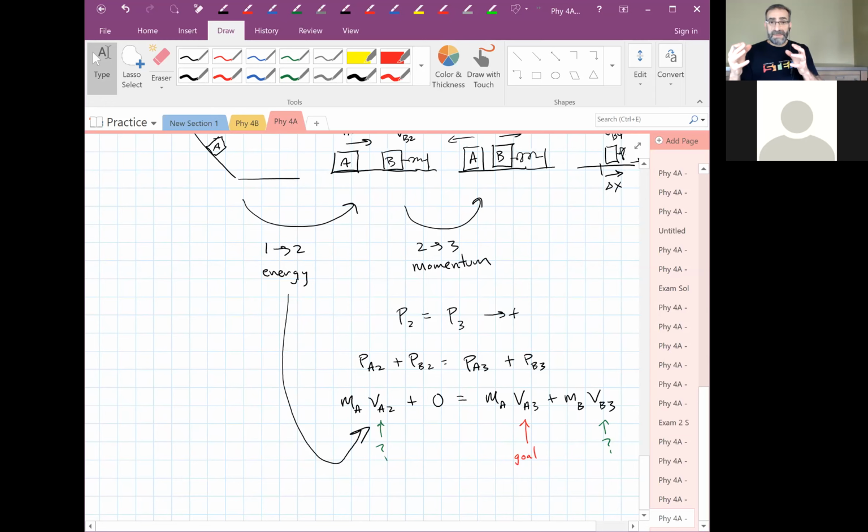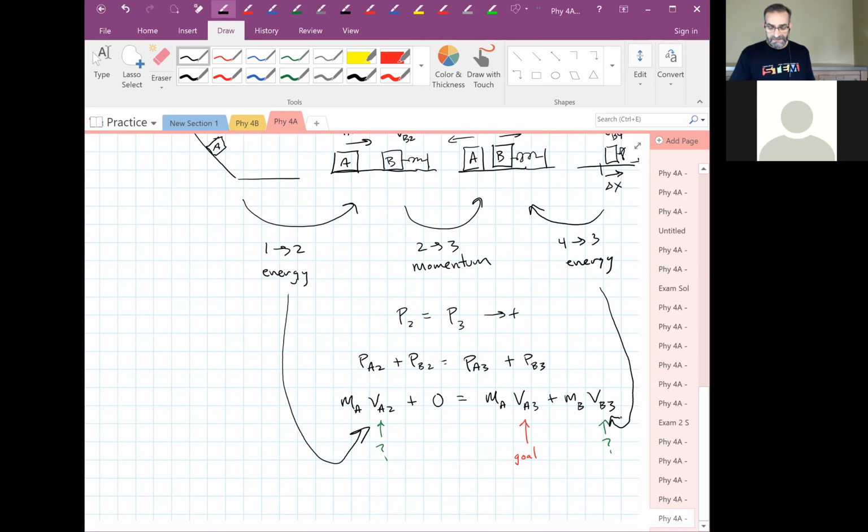Block B compresses that spring. So I can use energy to work backwards, going from 4 to 3. And what will that do? That will get me that value right there. Then I can solve this momentum equation and get the unknown that I need.